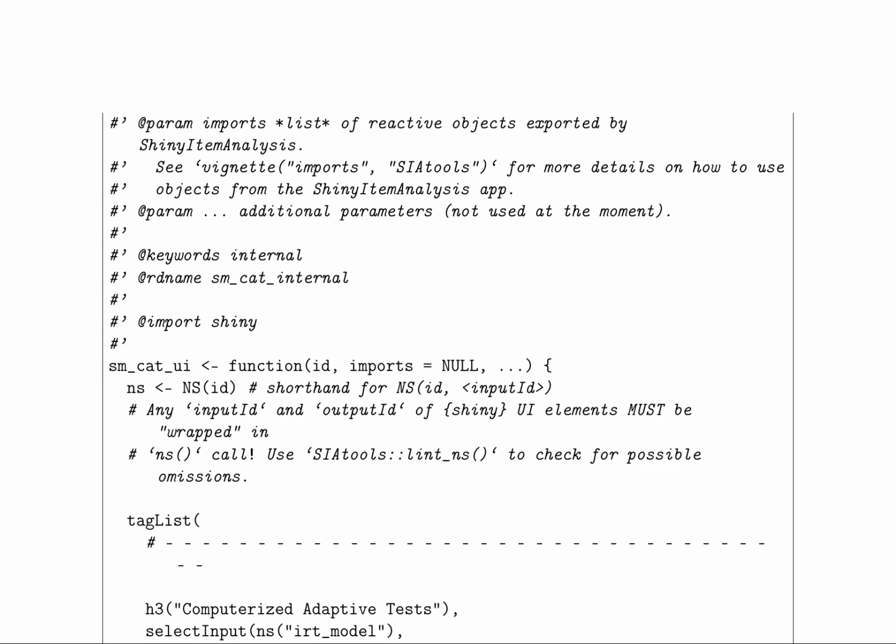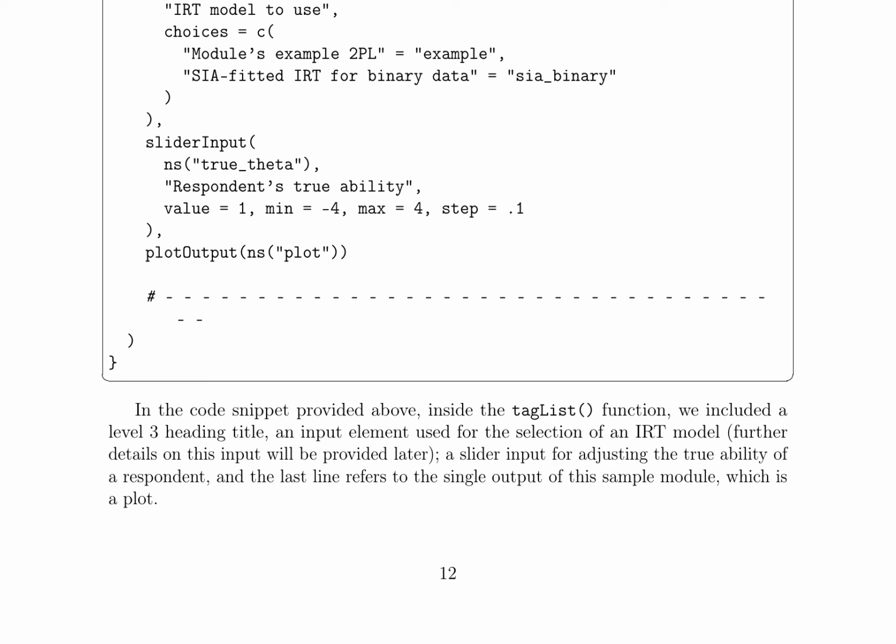Within the tagList function, several UI elements are defined: a level 3 heading titled Computerized Adaptive Tests, a select input for choosing an IRT model, a slider input for adjusting the respondent's true ability, and a plot output for displaying the results.